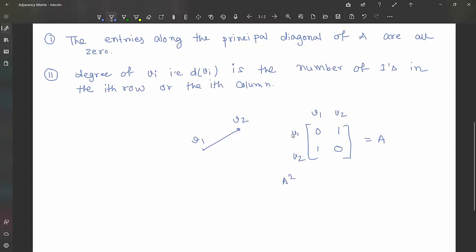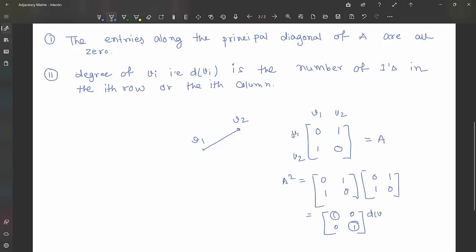Now if you calculate the A square of this matrix, taking the product of these two matrices, you will get 1 0 and 0 1. The values in the main diagonal represent the degree of each vertex.